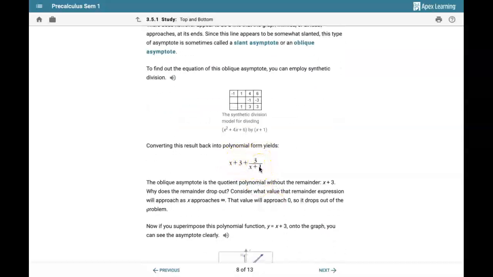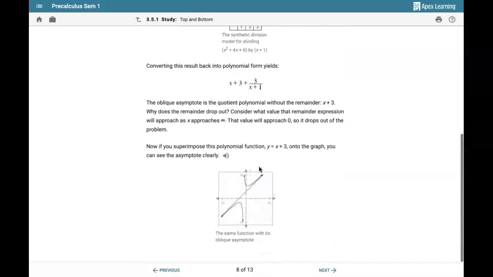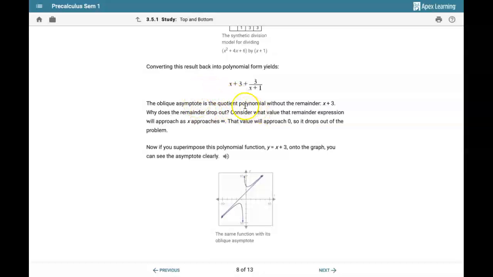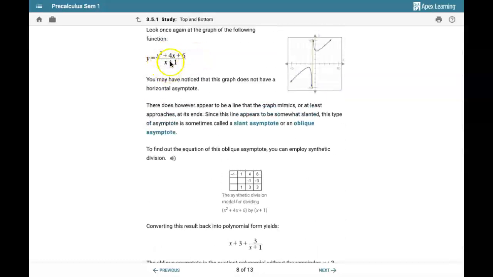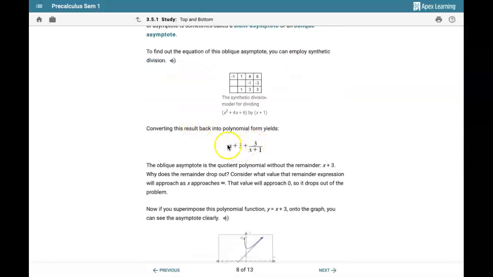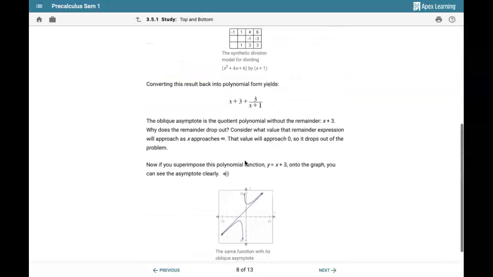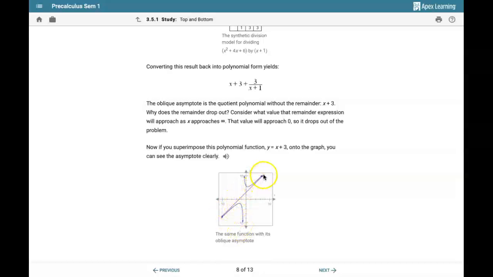What we find is our oblique asymptote is the quotient without the remainder, so it's x plus 3. So along this line of x plus 3, we clearly have an asymptote.